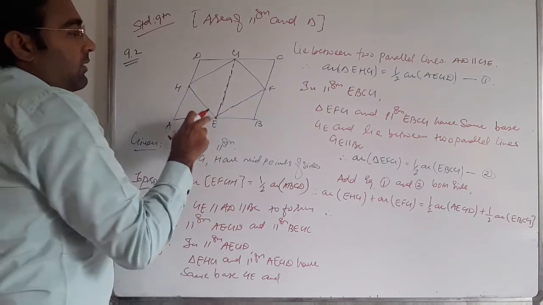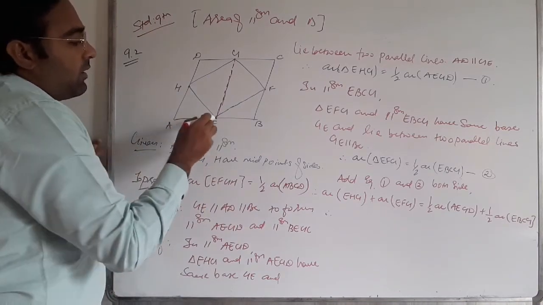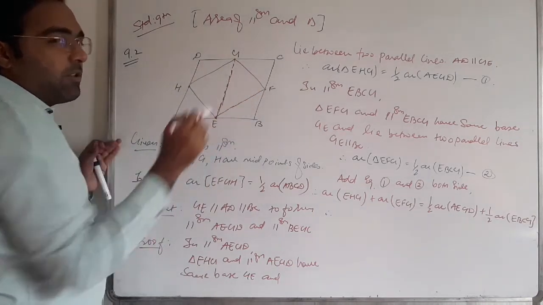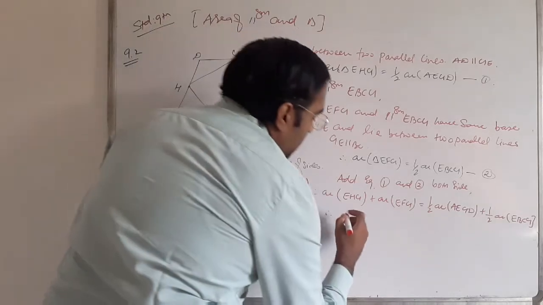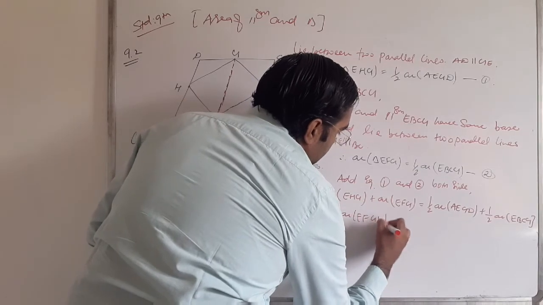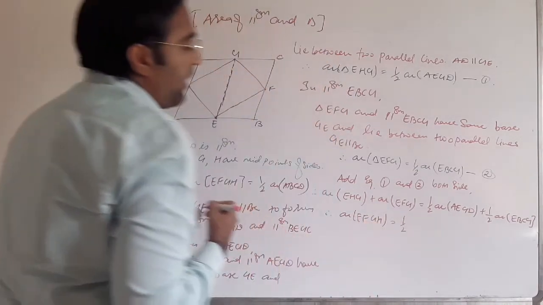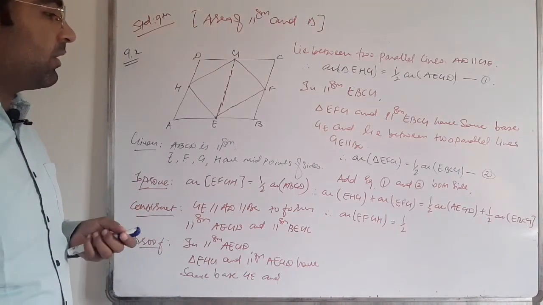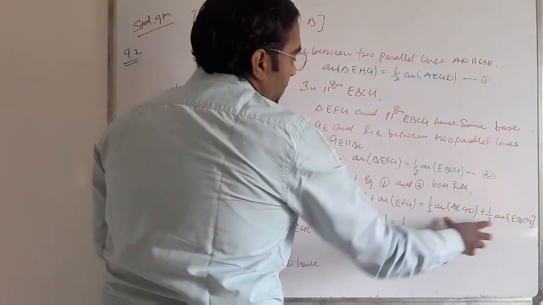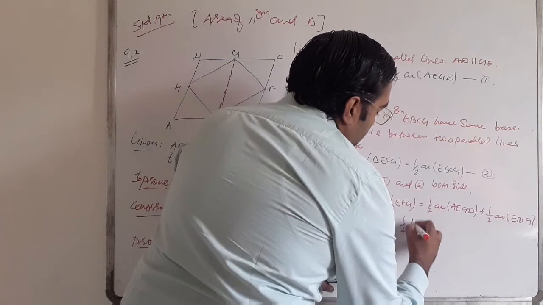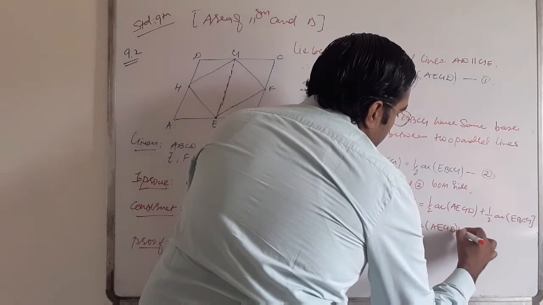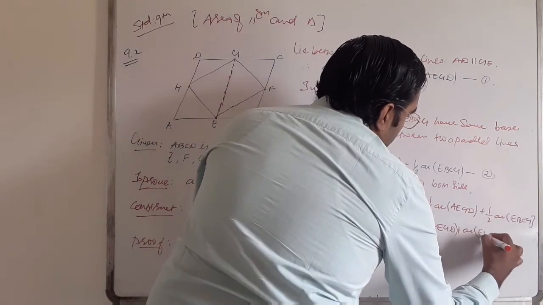Now we have to see that EHG plus EFG, that is the EFGH. Therefore area of EFGH is equal to, we have to take half as common in both of them, half of area of AEGD plus area of EBCG.